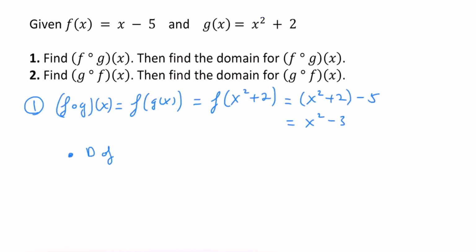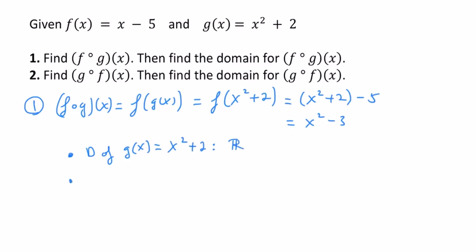So we want to find the domain of g, and the function g of x is x squared plus 2. If we look at this here, we have no fraction, we have no square root, no even root. So this means that the domain is all real numbers.